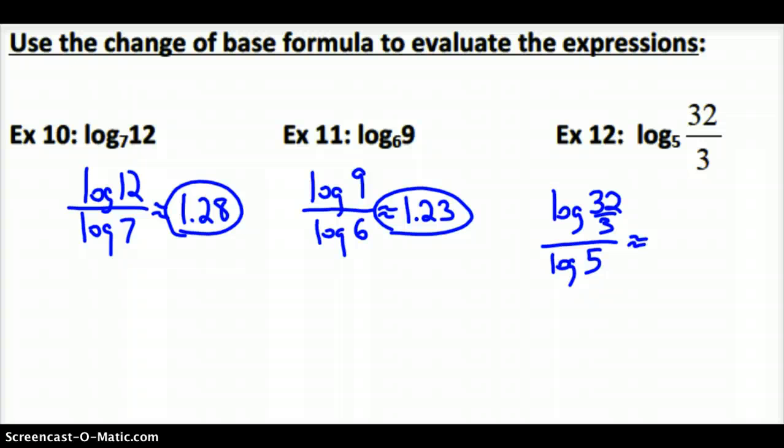And be careful when you calculate these, you use the parentheses properly here. And the common log of 5. You should get about 1.47, if I did that correctly. That's it, just kind of a final here.